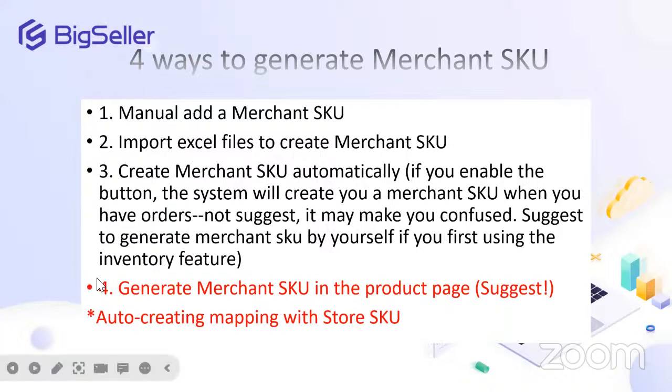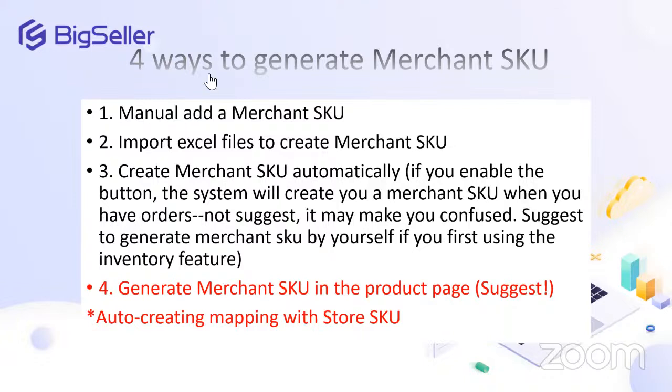And the last one is what we suggest: generate the merchant SKU in the product page. Because if you generate in the product listing, the mapping relationship will be auto-created as well. Okay, later I will show you the last one and try the whole process to show you.